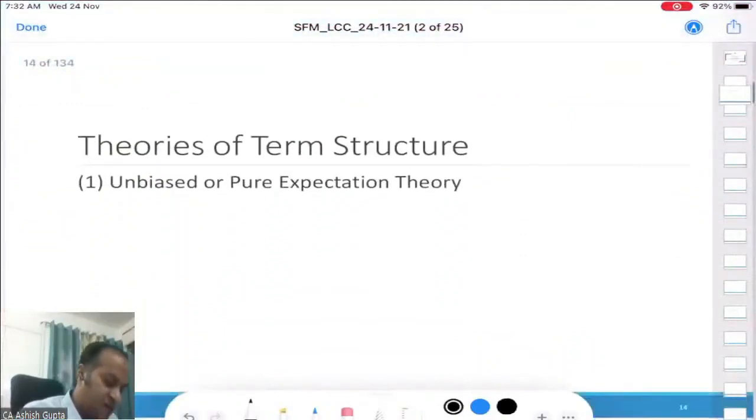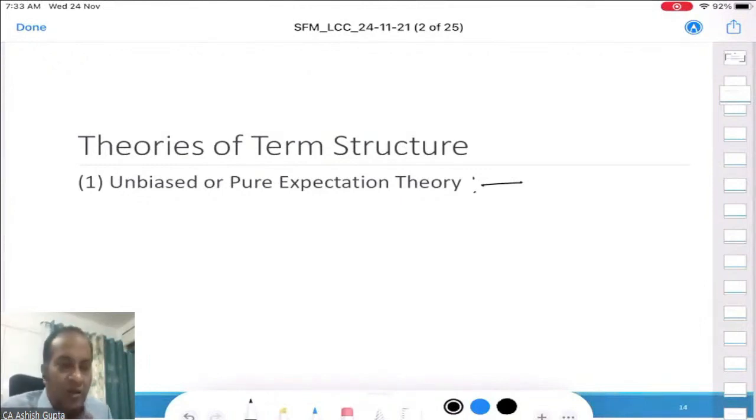Now there is a theoretical discussion on the theories of the term structure. That is, what determines the shape of the curve. We shall discuss this under the theories of the term structure. The first is the unbiased or pure expectation theory.